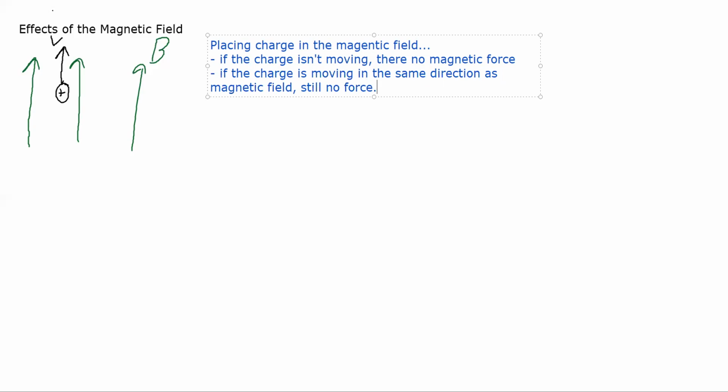Okay. So yeah, still no force there. So that's that. We don't see anything there. Well, okay, I'm going to change it to one more situation here. And I'm going to add a velocity this way.